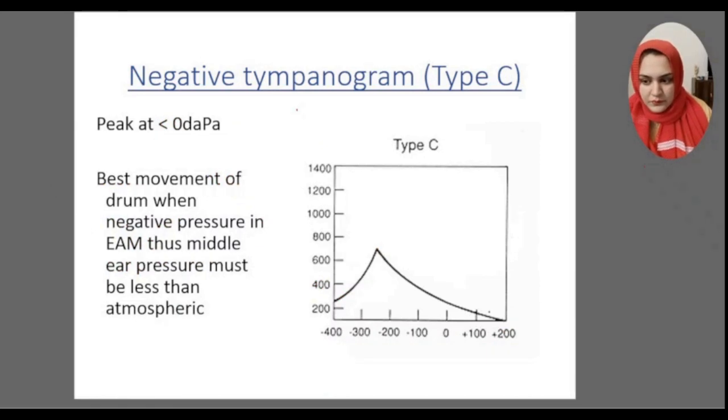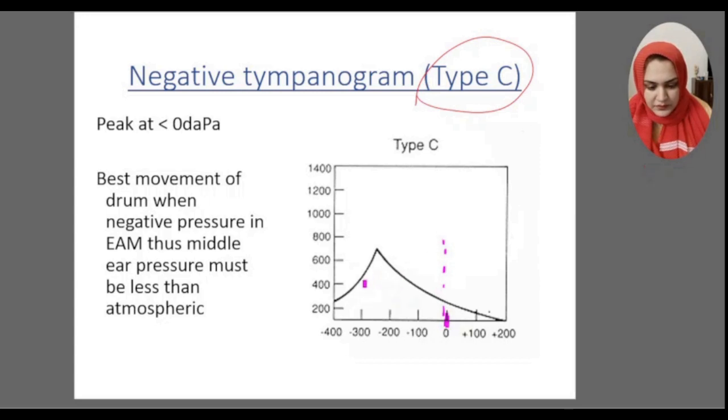Now, the third type of tympanogram, that is type C tympanogram. Type C tympanogram has no changes in the peak, or it is not flat. It is not flat. There are no changes in the peak, but the peak, instead of being present at 0, is present on the negative pressure side.